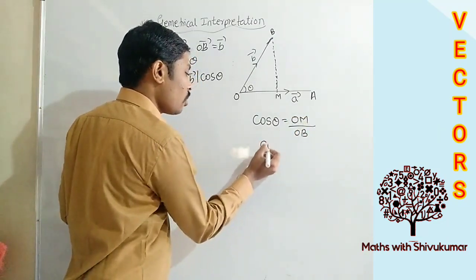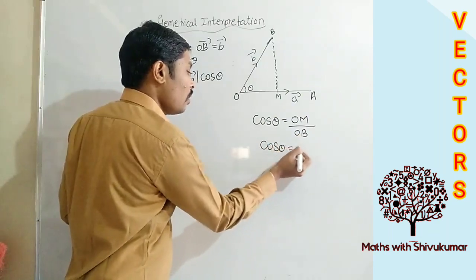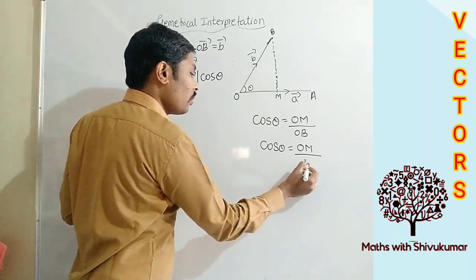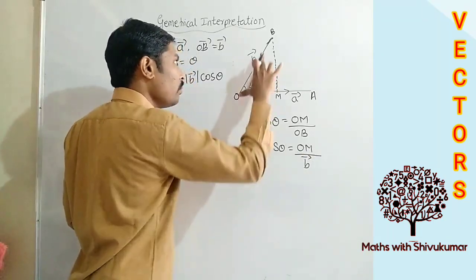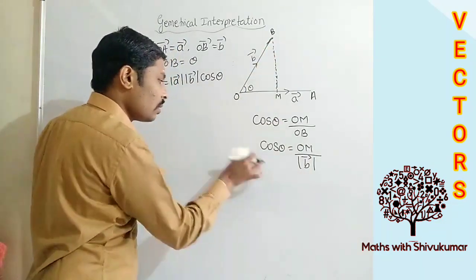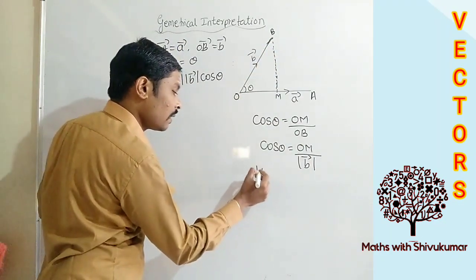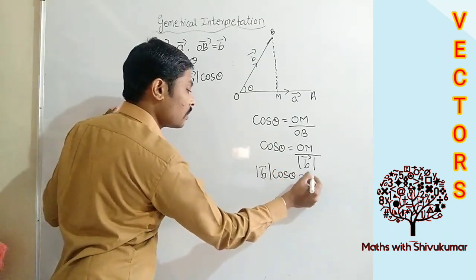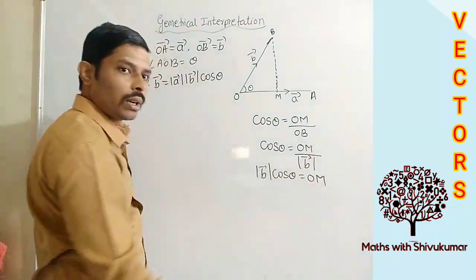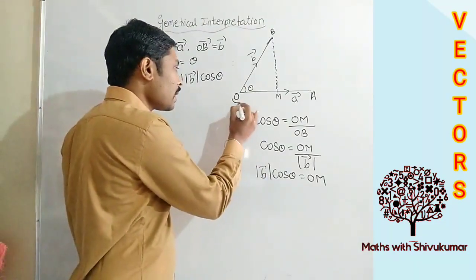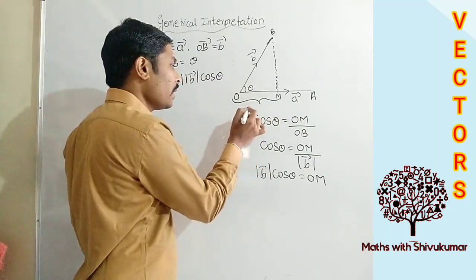OM is unknown, and the value of OB is B, the magnitude of B, the distance. Cross multiplying, what do we get? B cos theta equals OM. So OM is B cos theta.